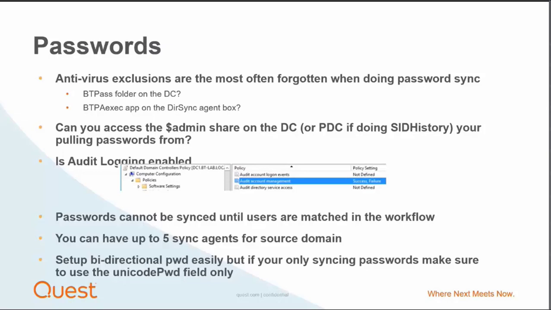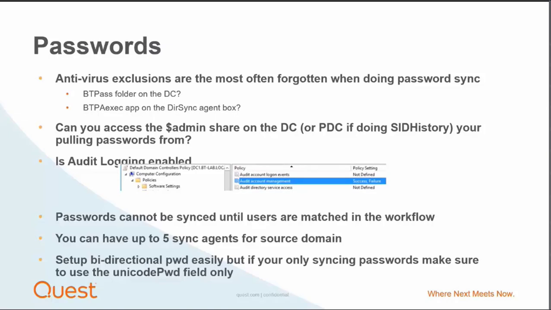So without the matching in place, we're not going to be able to do password synchronization. So you have to get a workflow created that has at least, right, a read from and a match job in it so that we can sync the passwords.